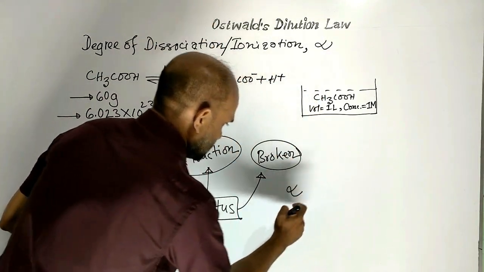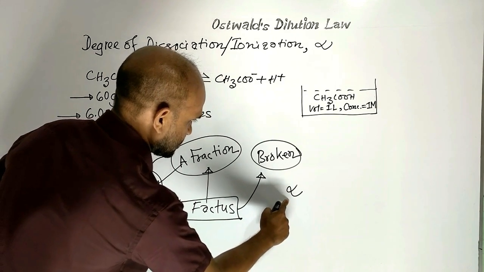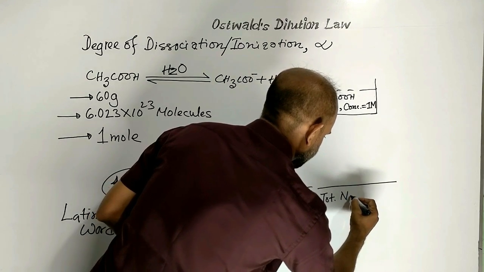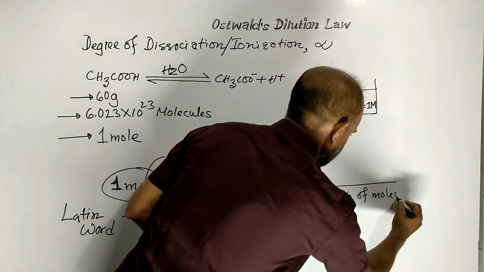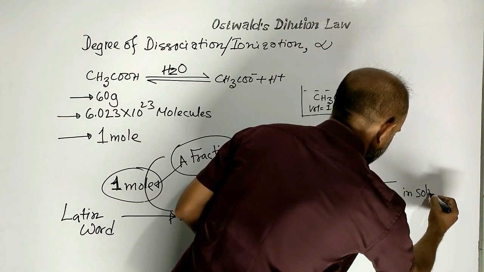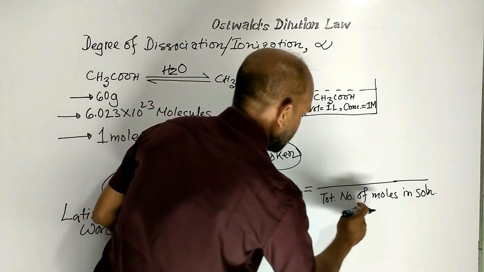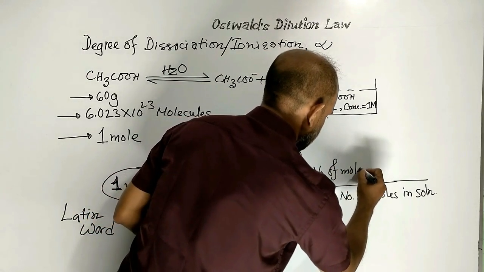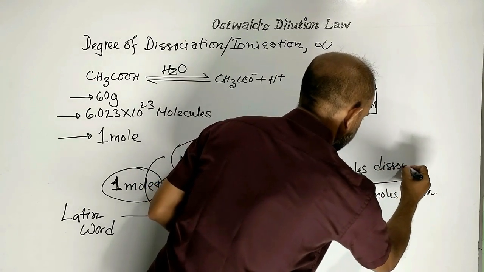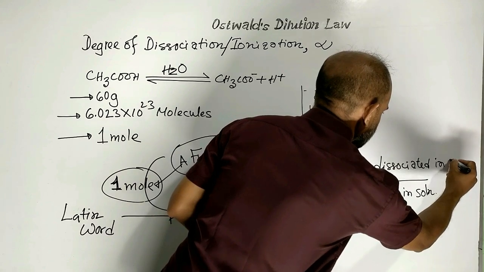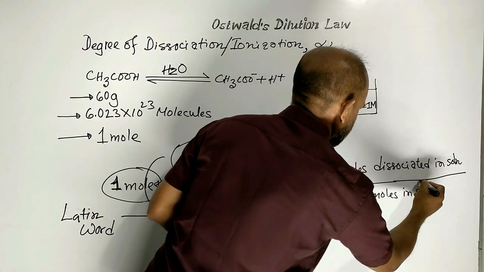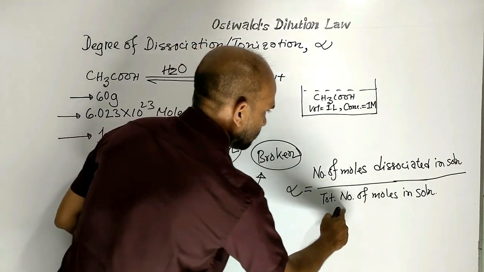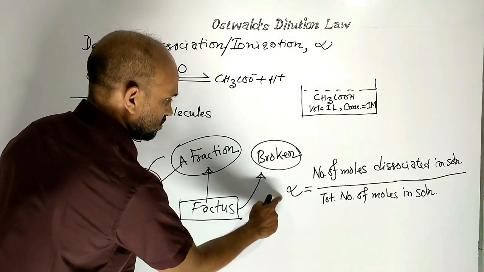So, degree of dissociation or degree of ionization is equal to number of moles dissociated in solution divided by total number of moles in the solution. This is degree of dissociation.